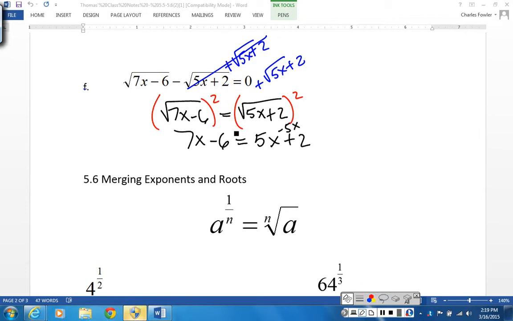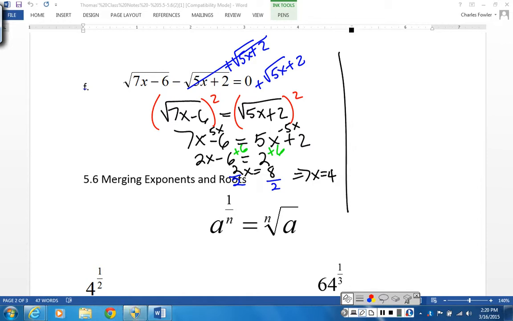So subtract 5x from both sides, we get 2x minus 6 equals 2. And then we'll turn around and add 6. We get 2x equals 8. Divide by 2. Alright, we're saying that x equals 4.